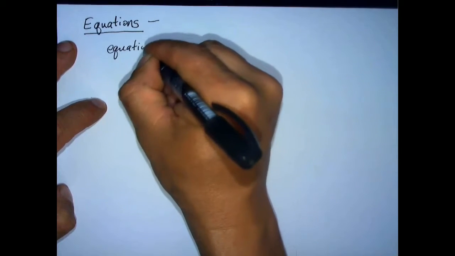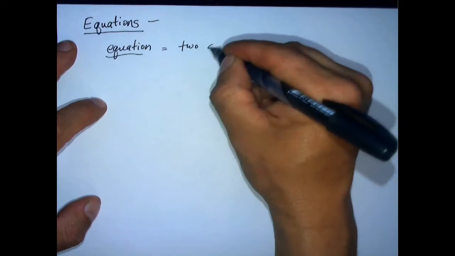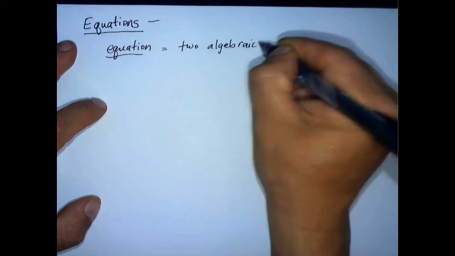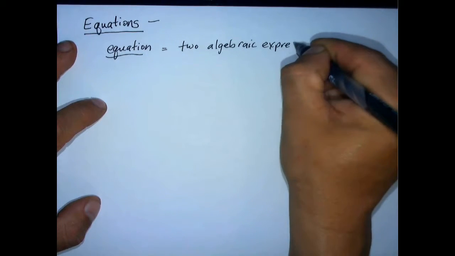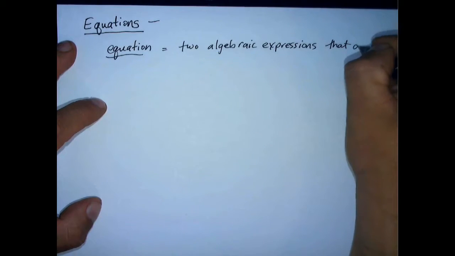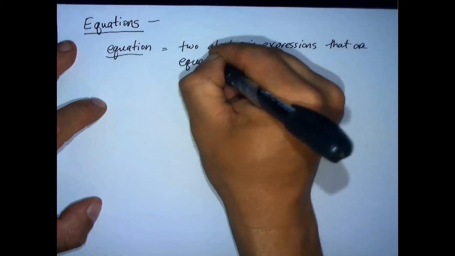And what is an equation? An equation is two algebraic expressions that are equal to each other.